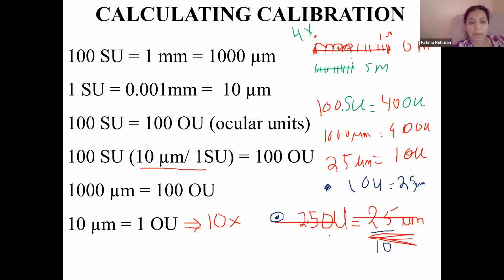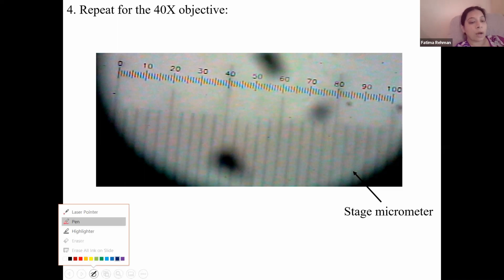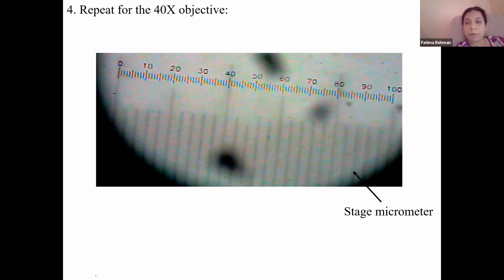Okay, we're going to do one last one because it changes things up a little bit before we go to ImageJ. So now we are going up to the 40x objective lens. And this is when things get interesting. So now you still see the entire length of the ocular micrometer just like you did before.